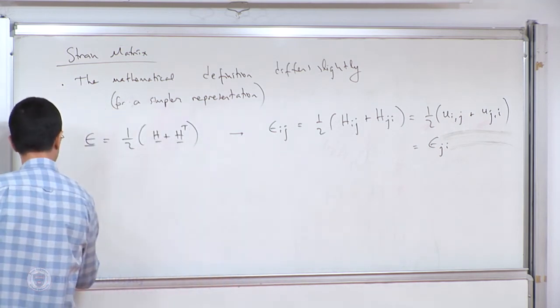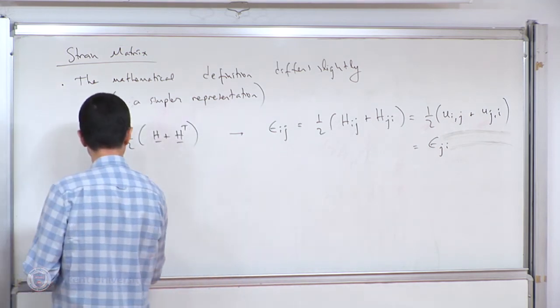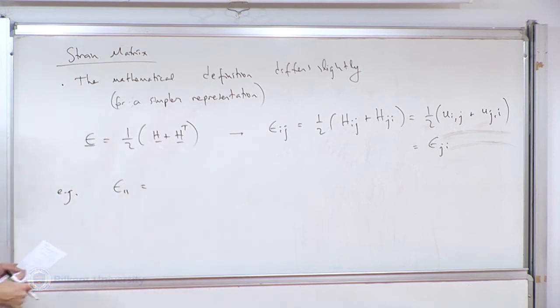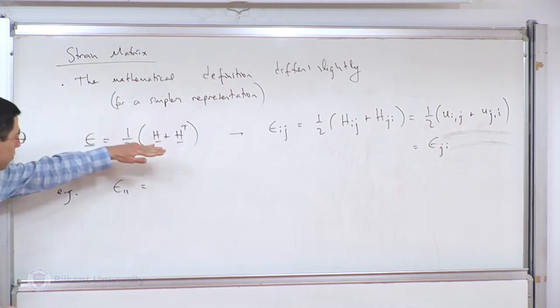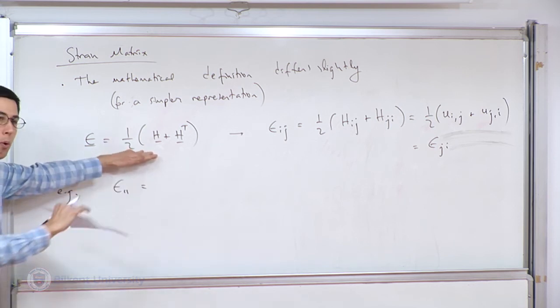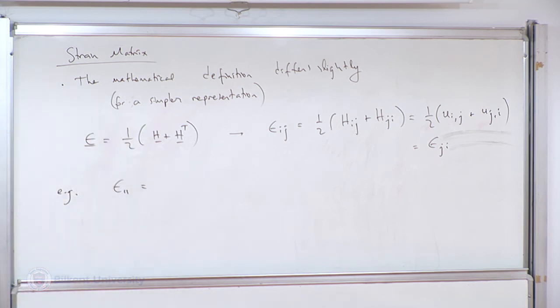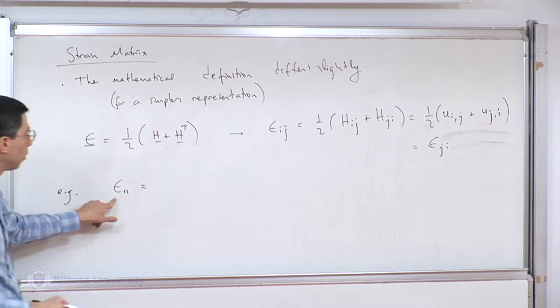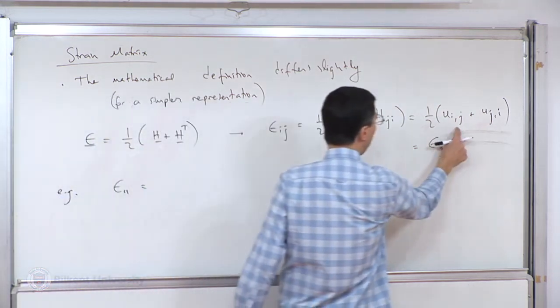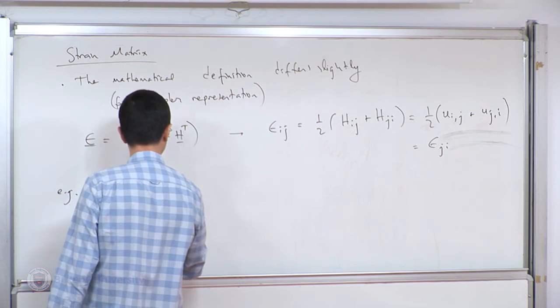Now let's go ahead and explicitly evaluate the components of epsilon 1, 1. I'll do this for only 2 components to indicate the relation between this expression, which I'm now proposing, and what I have derived individually for normal and shear strains. Well, so let's do 1, 1. So 1 over 2, u1 comma 1 plus u1 comma 1.